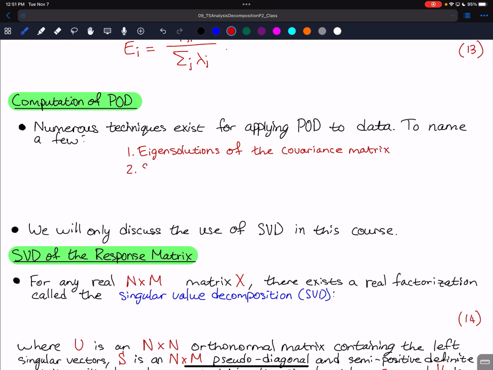Second is to use the singular value decomposition, or SVD. Third is that you can use what are known as simple learning rules.